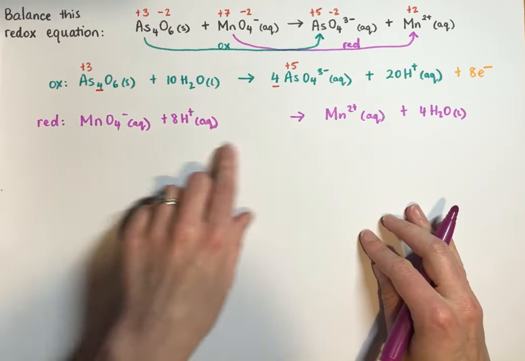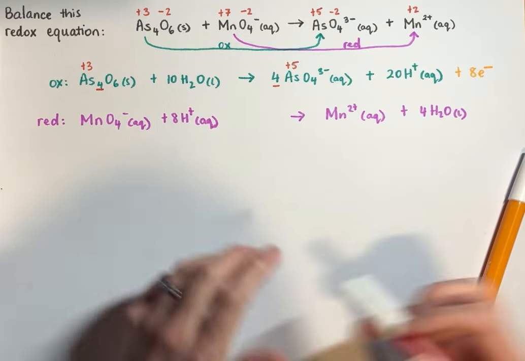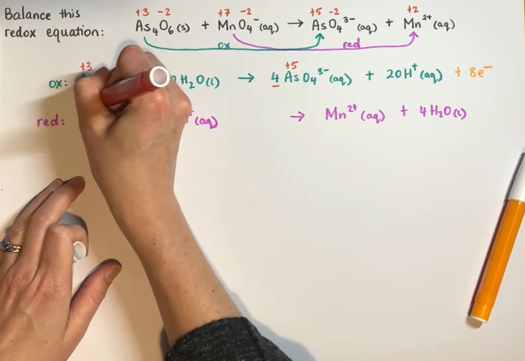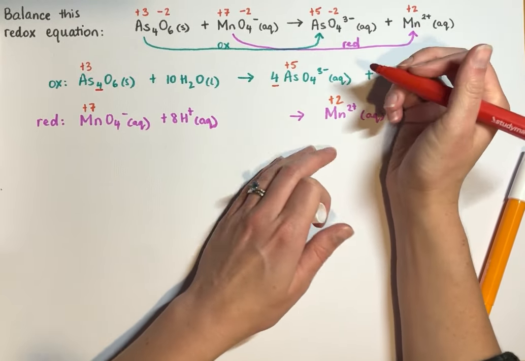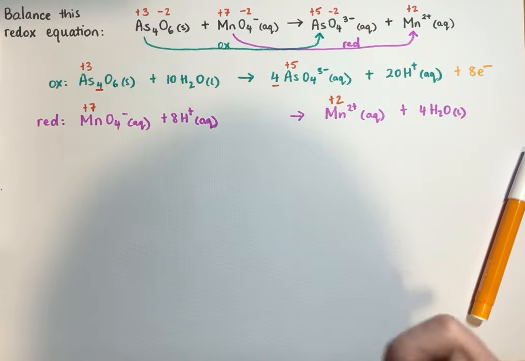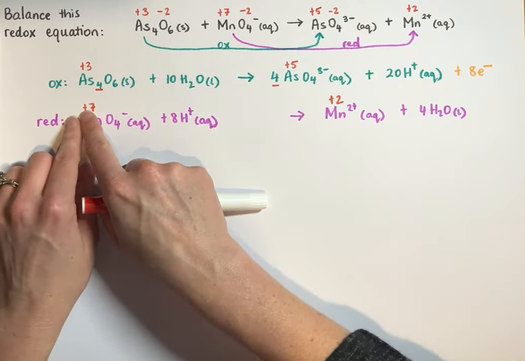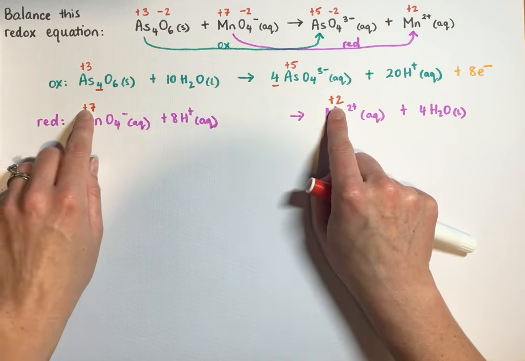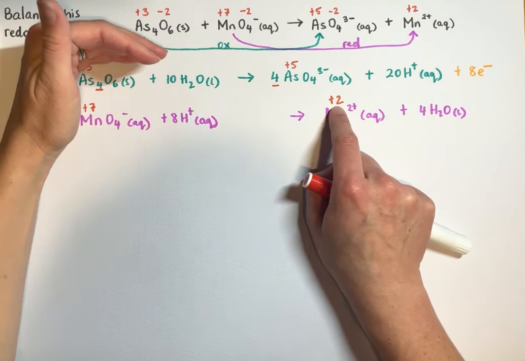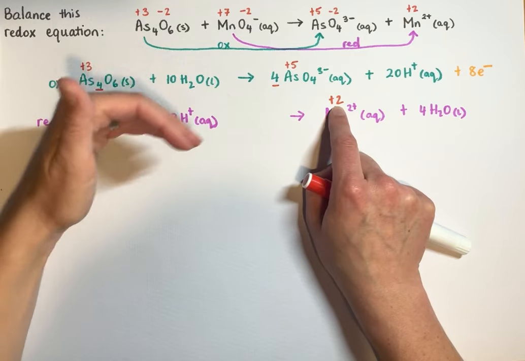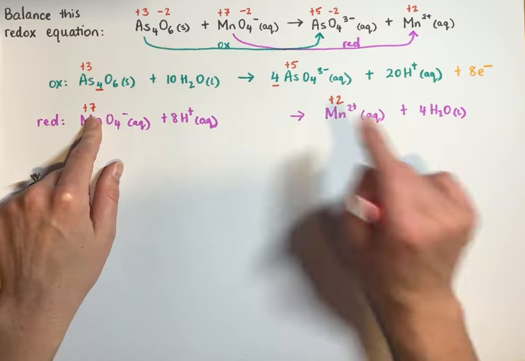Now the electrons in this case, this one went from +7 to +2. So here we can see, and we've just got the one of them. For it to get from +7 to +2, this must have picked up 5 electrons to reduce its positive charge down to 2 from 7, and it's gained 5 electrons.